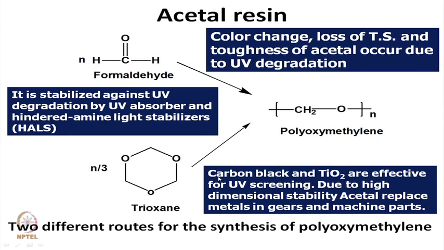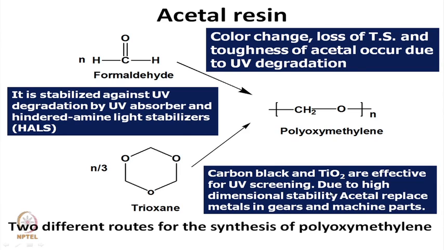Sometimes it has been found that carbon black is a very good UV absorber, as well as titanium dioxide filler. A minute quantity of carbon black and titanium dioxide, if blended or compounded with this polyoxymethylene, becomes highly effective for UV screening. They will absorb the UV and protect the polymer from degradation.